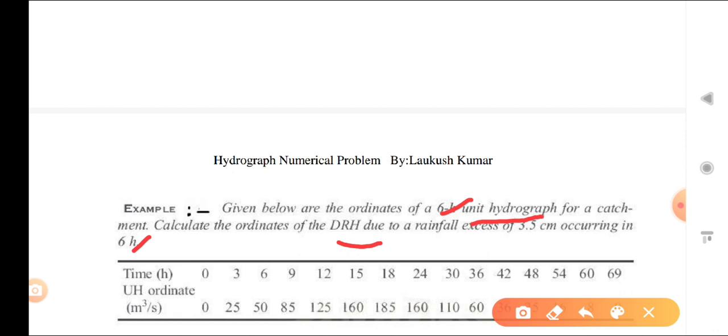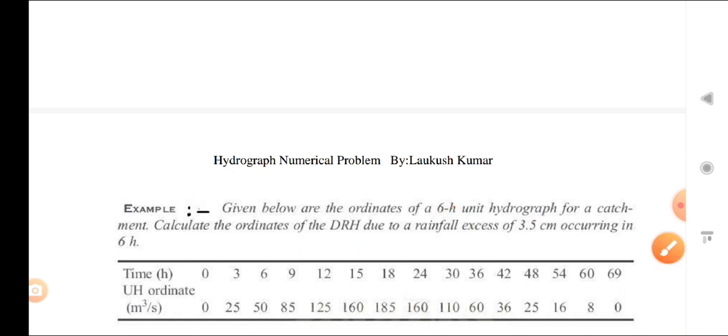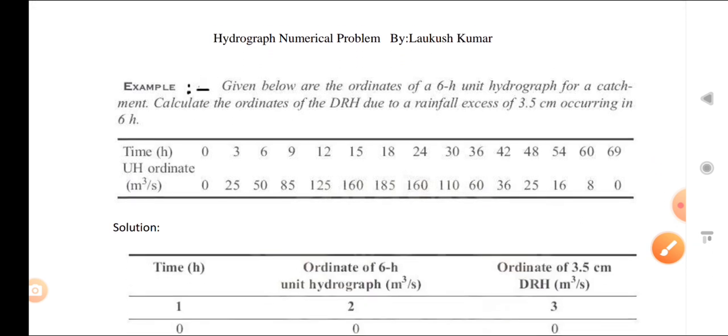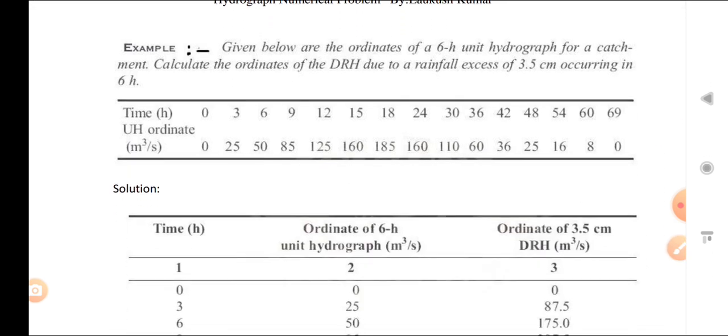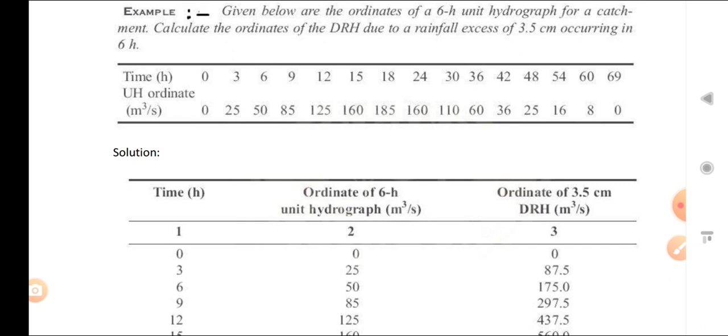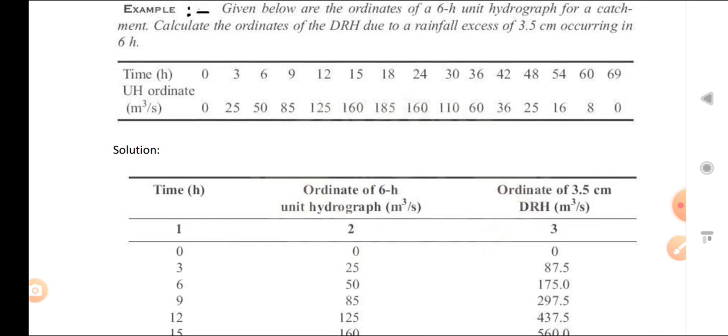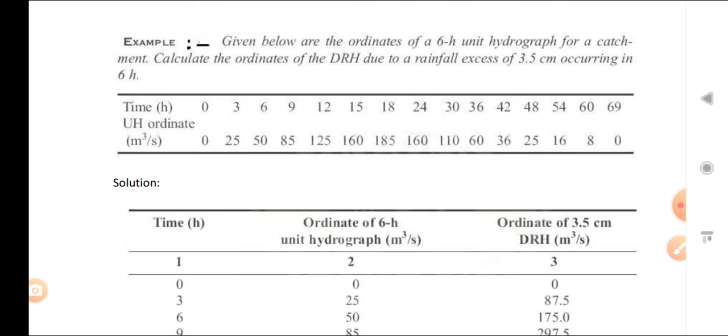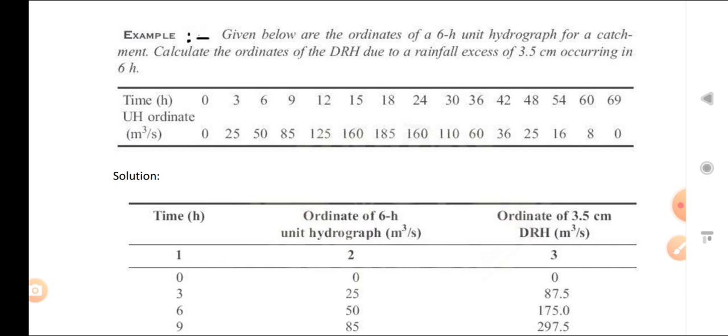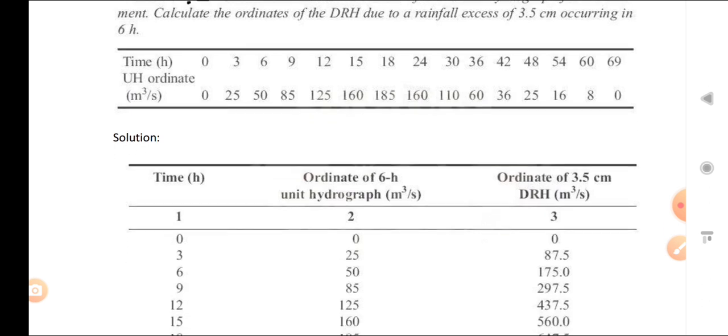So to convert the unit hydrograph to DRH, we have to multiply the ordinate of unit hydrograph by the rainfall excess. So what is the rainfall excess? It is 3.5 centimeters.